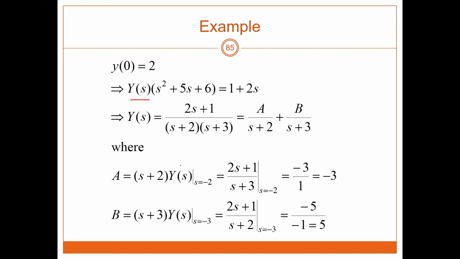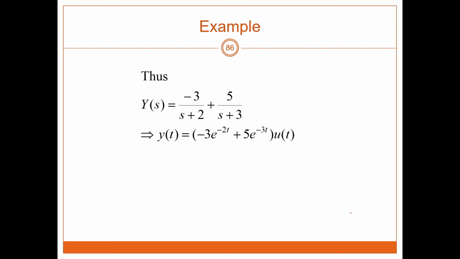So now we will find A and B because we want to do it part by part. Find the value of A by substituting the root s equal to -2 here, and you get -3, and also B. Substitute and convert this one, and it is the answer.